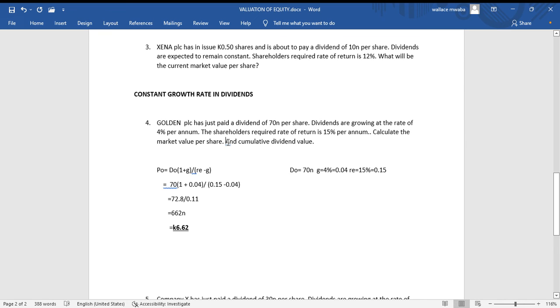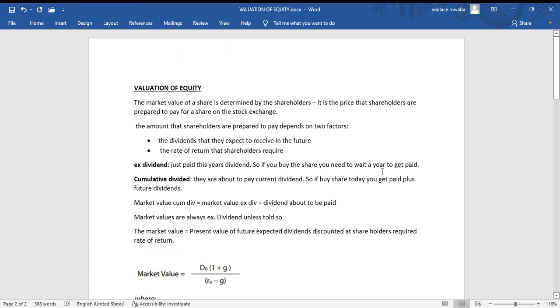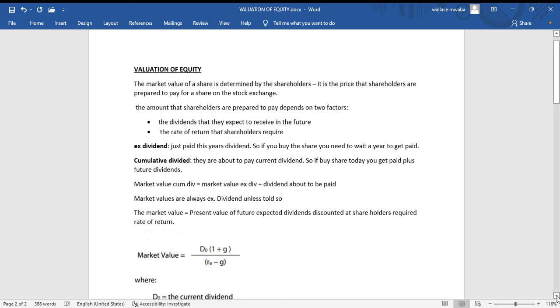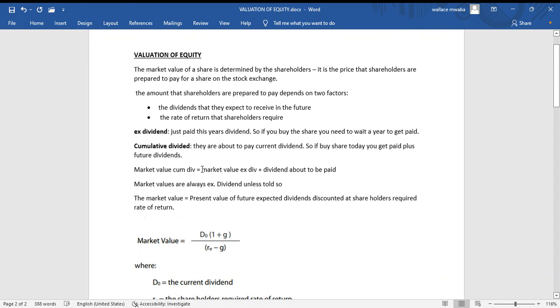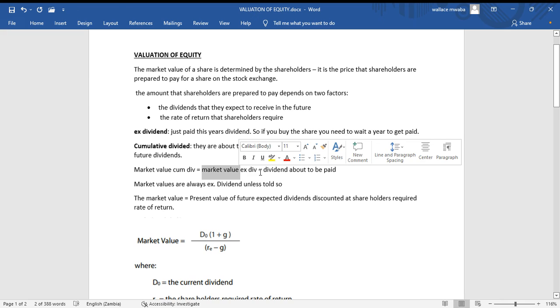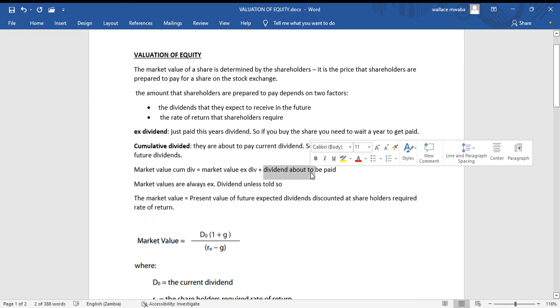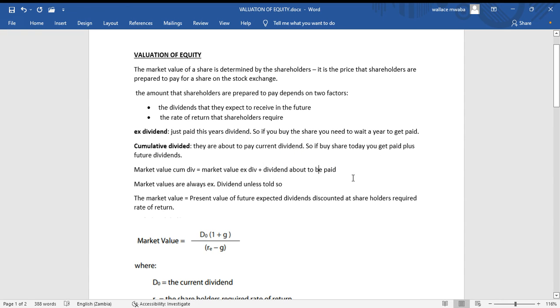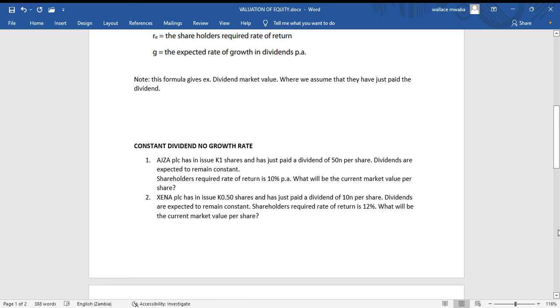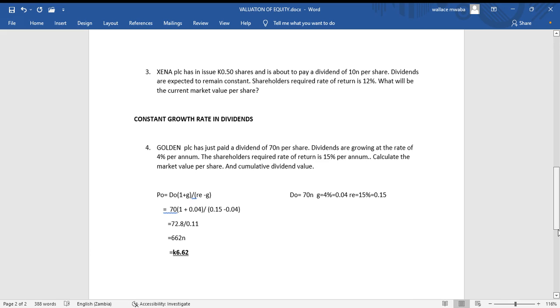Then they've asked us for the cumulative dividend value. Basically we're just going to add our market value and the dividend about to be paid. Remember, for cumulative dividend, when you buy the share, you are getting paid that year and the next year.